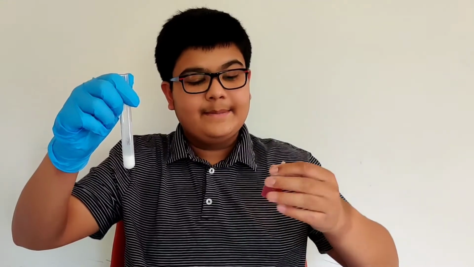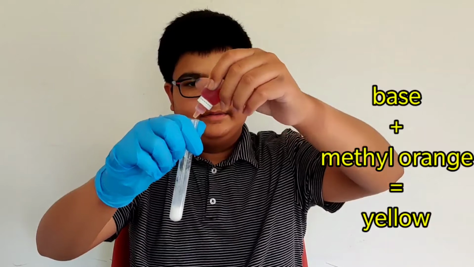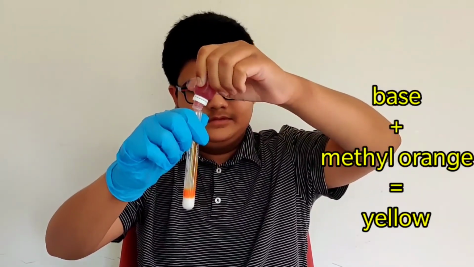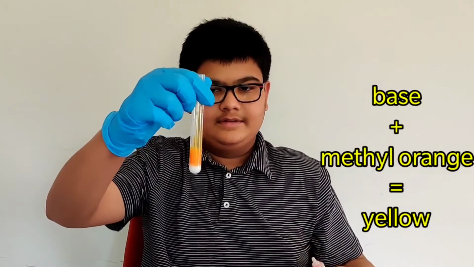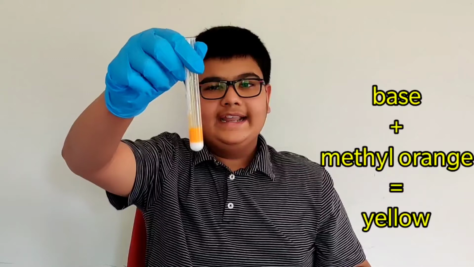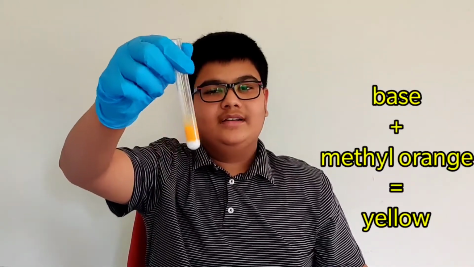Now again I have taken magnesium hydroxide, and this time I am adding methyl orange solution. Here you can see that on adding methyl orange, from orange it has become yellow in color.